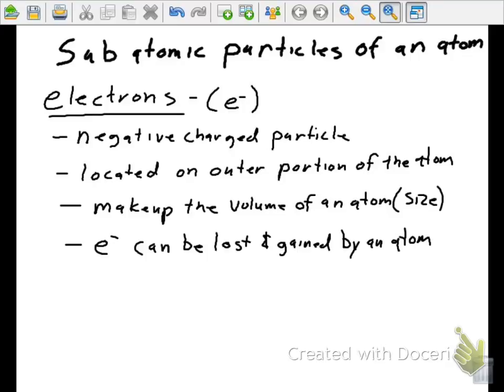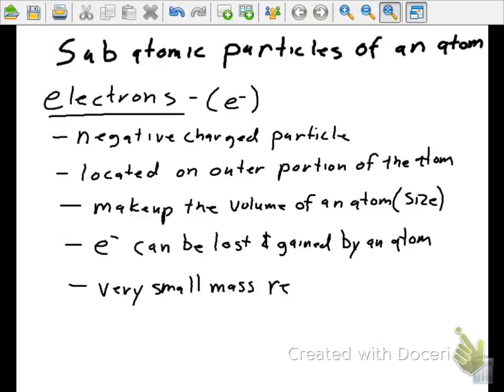Oh, one more. Almost forgot this. I'm glad I didn't. They have a very small mass relative to protons. They all have small weights. Electrons are smaller than protons.